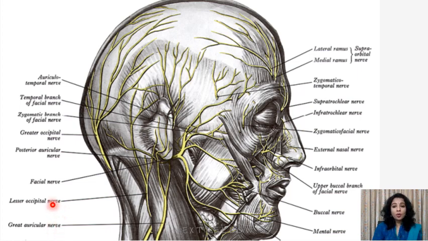Then the lesser occipital nerve, also with root value C2 from the cervical plexus, and then the greater occipital nerve, which is the thickest cutaneous nerve in the body and supplies most of the scalp from the posterior aspect. Greater occipital nerve also has root value C2, and the third occipital nerve has root value C3. So these are the branches of the cervical plexus which supply the posterior part of the scalp.